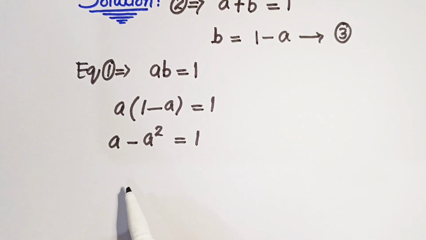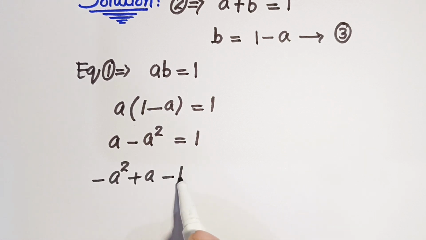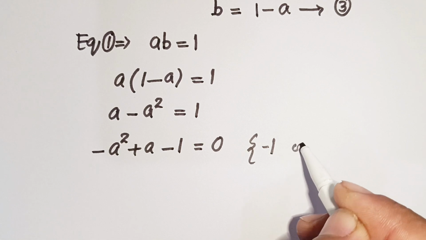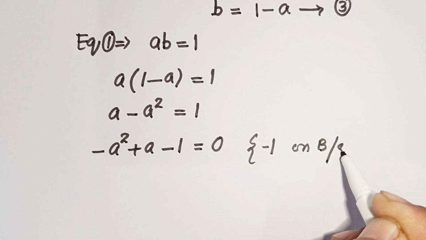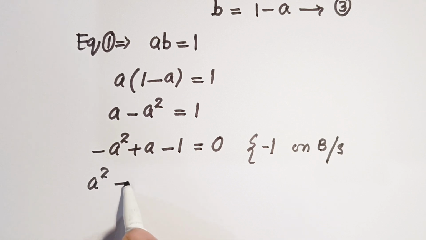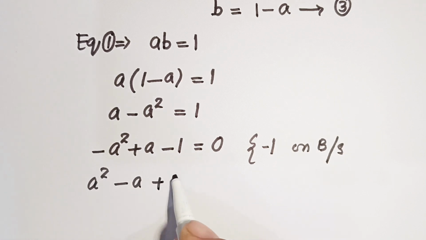So here minus a squared, changing order, we get plus a, and shifting this 1 we get minus 1, that is equal to 0. Now if we multiply minus 1 on both sides, we get a squared minus a plus 1 is equal to 0.